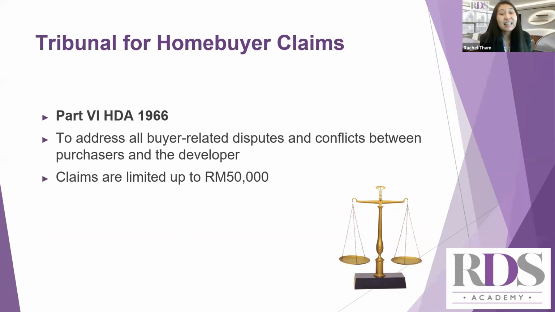Therefore, if the intended claim is worth much more than 50,000 ringgit, it is probably the wiser option to simply proceed to bring legal proceedings in court to obtain a judgment against the housing developer. Depends on the facts of the case.